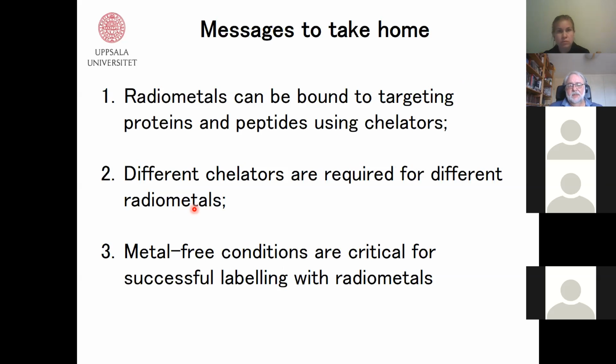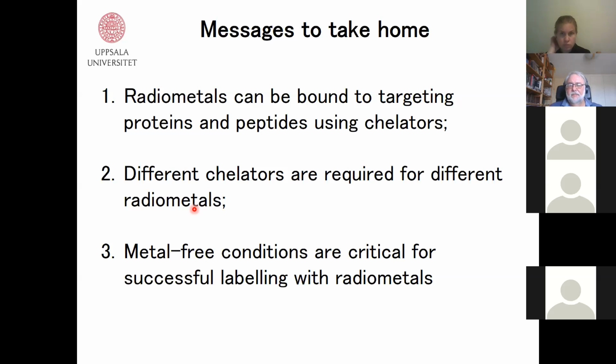So, summarizing today's lecture. Radiometals can be bound to targeting proteins and peptides using chelators. For different metals, we need a different chelator. Even the most versatile chelator, DOTA, is not perfect.